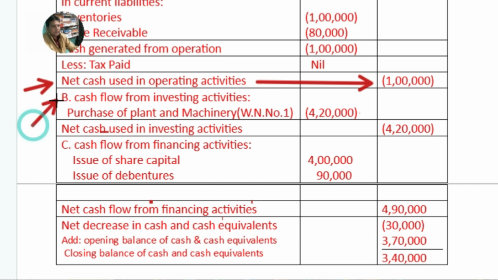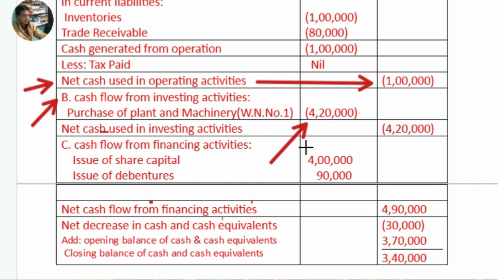Next heading, cash flow from investing activities. It is given in working note number 1, and I had already shown you this 4,20,000. So additional purchase of plant and machinery during the year, value rupees 4,20,000. This is also shown in a proper way by preparing a ledger account in working notes.